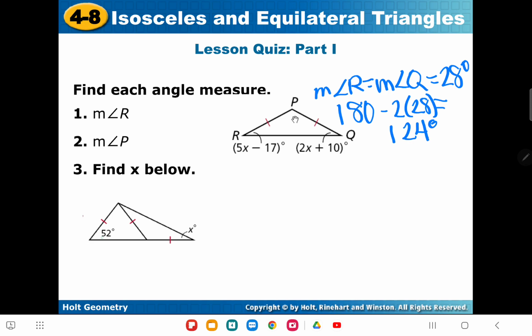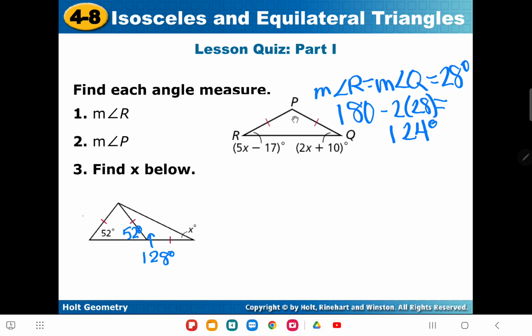To determine the value of x here, I can notice that this is also 52 degrees by the isosceles triangle theorem. By the linear pair theorem, 52 and this vertex angle must be supplementary, and therefore it has a measure of 128 degrees. That leaves the remaining 52 degrees to be divided between these two angles.